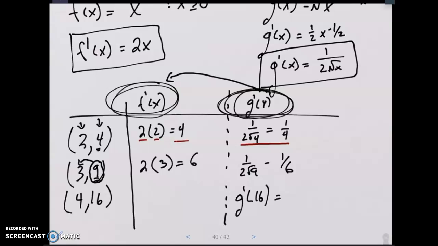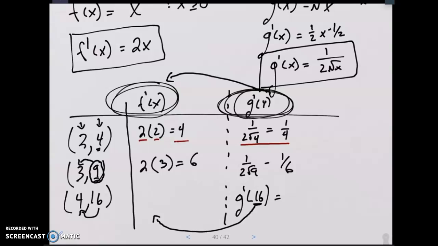G prime of 16, kind of a tough one. So I could just plug it in, but if I wanted to work with F, let's see if I can do it. 16 is actually the output of the original function. So I need to work backwards to find out what the input is going to be. If I work backwards from 16, the input I get is 4.